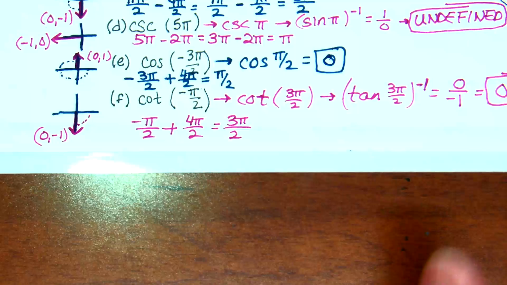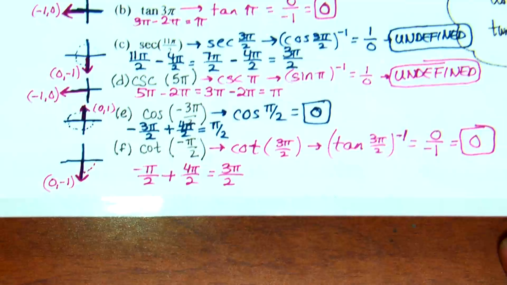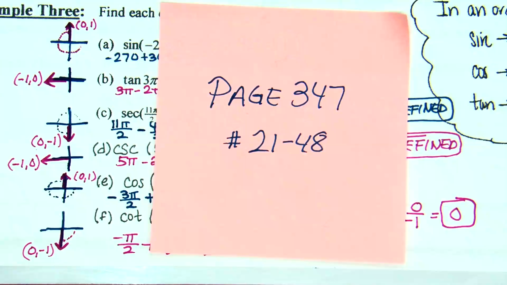Okay. And I am ending about where I expected. Overall, the entire homework for this lesson is page 347, 21 through 48. Now, I still have not done the problems on the back.